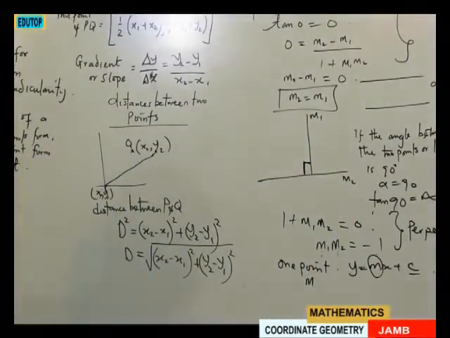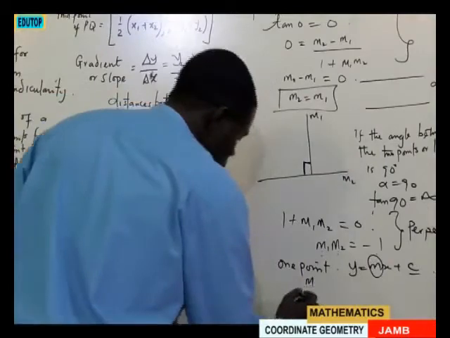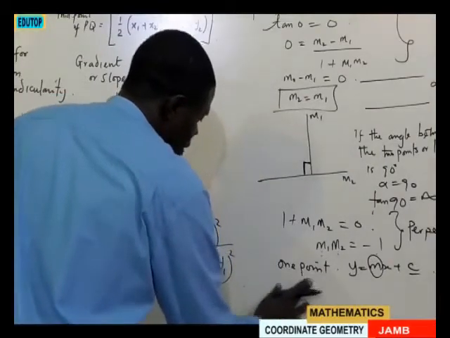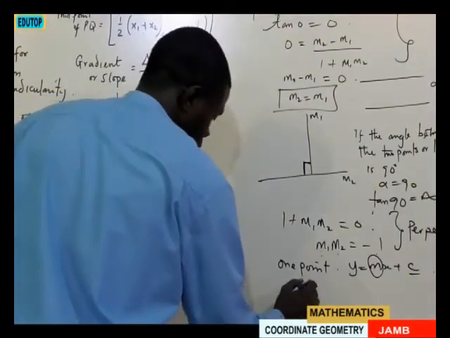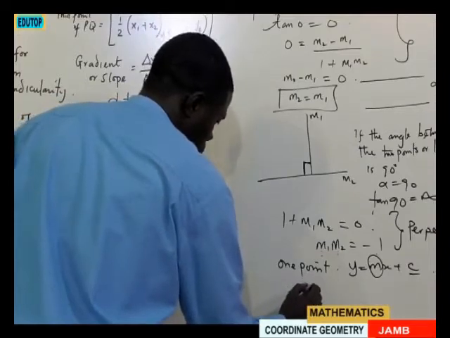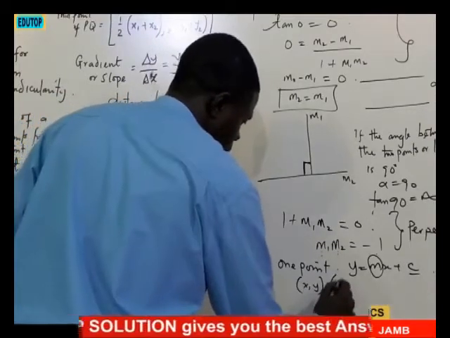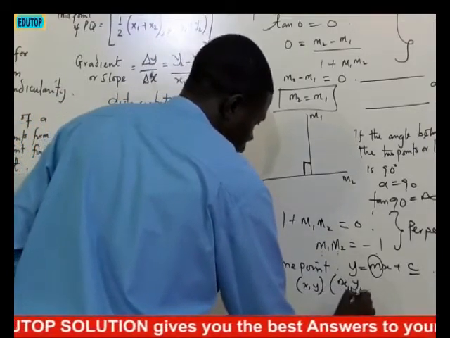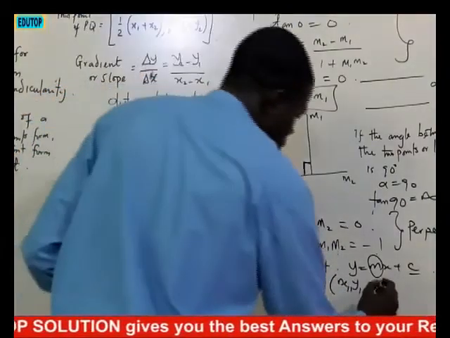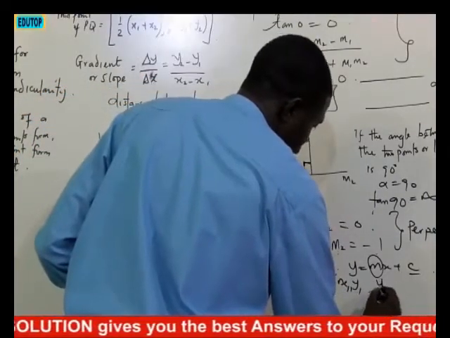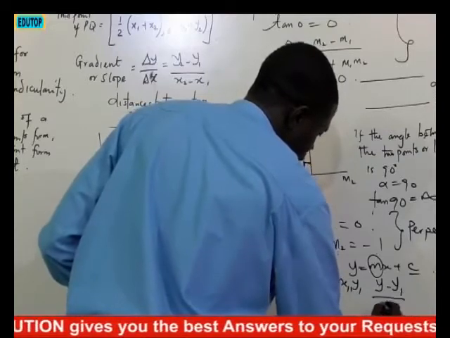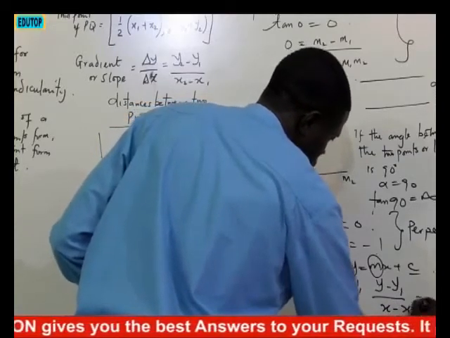Intercept. So for one point, we have x comma y, then we have x1 comma y1. So for one point, we are going to have y minus y1 over x minus x1 equals our gradient.